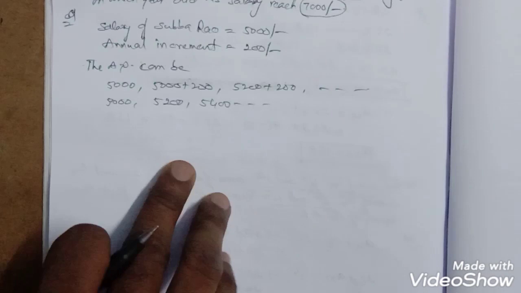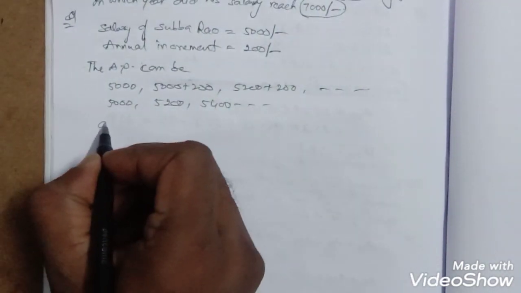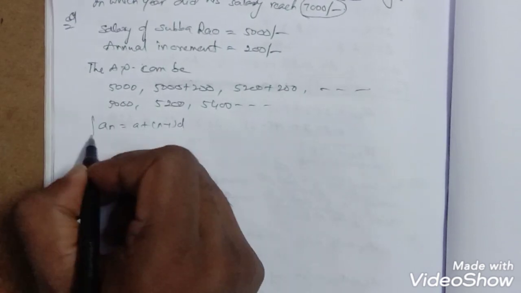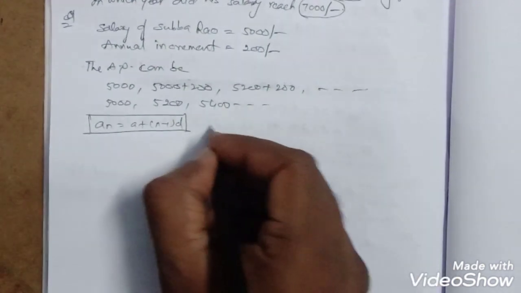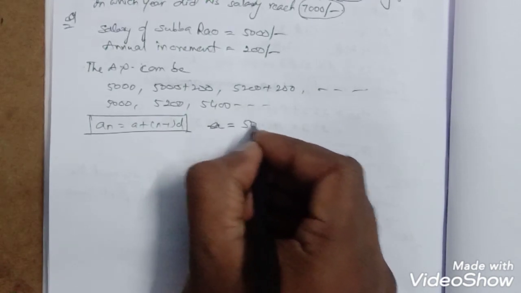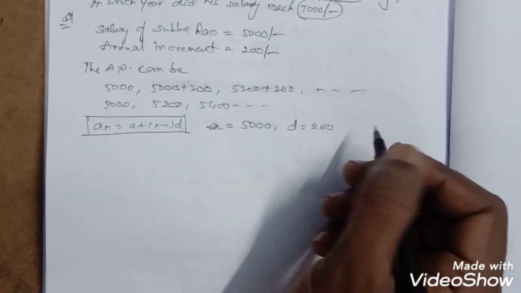Next you have to find in which year he is getting 7,000 rupees. For that your formula is an is equal to a plus n minus 1 into d. By using this formula, first write down what a is. So a is 5,000, and d is the annual increment, 200.